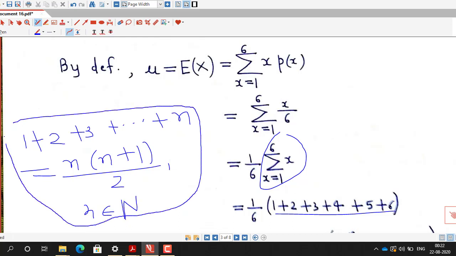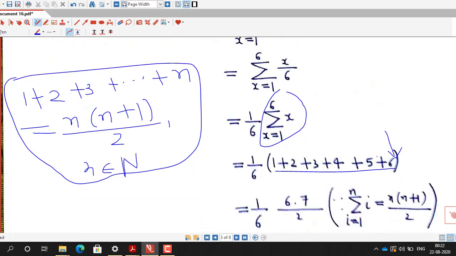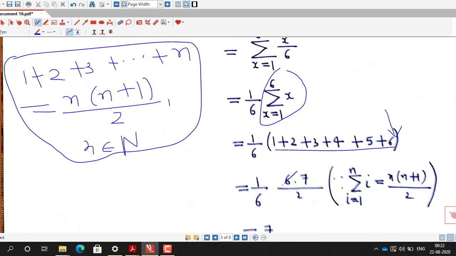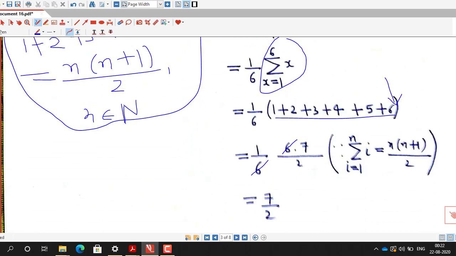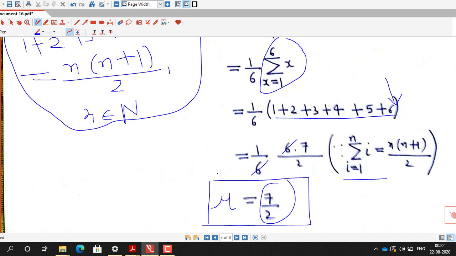Using this formula we can find this sum by taking n equal to 6, since here we add up to n equal to 6. So we obtain 6 into 7 by 2, and this 6 will cancel out. So it is 7 by 2. And that is nothing but the mean of the given random variable, which is 7 by 2.